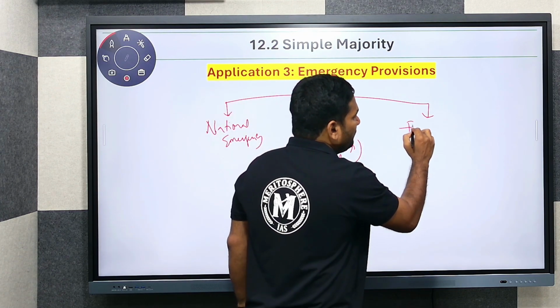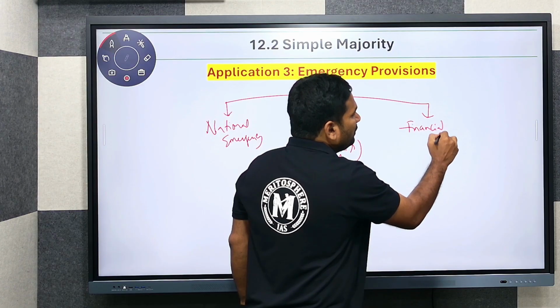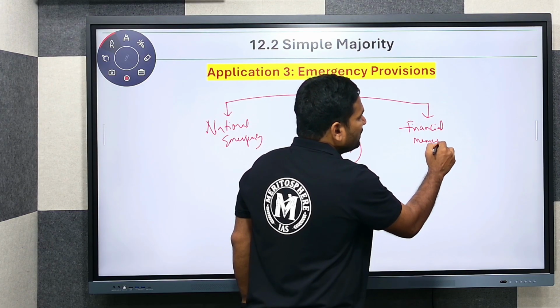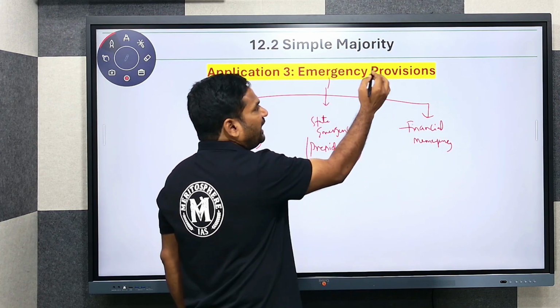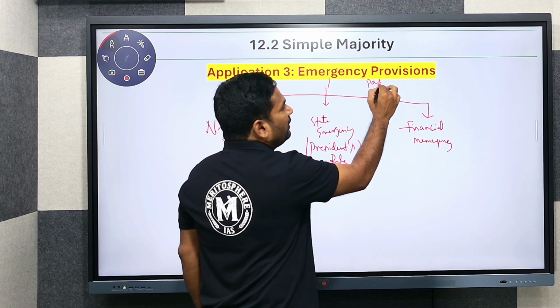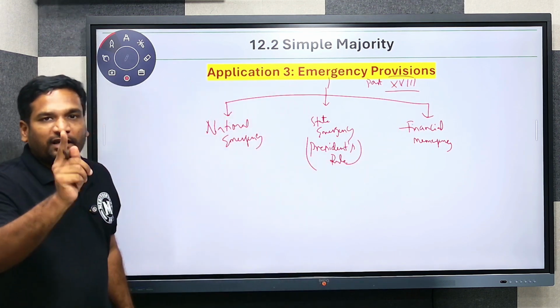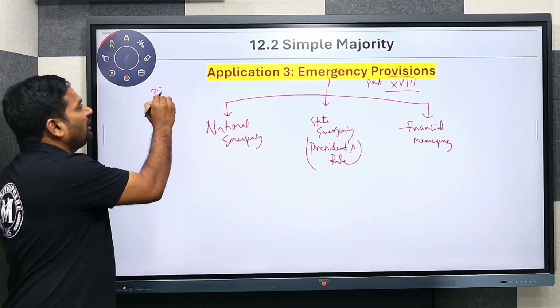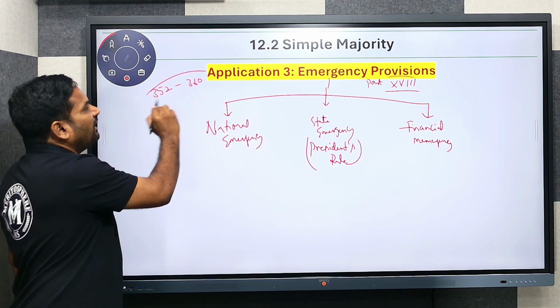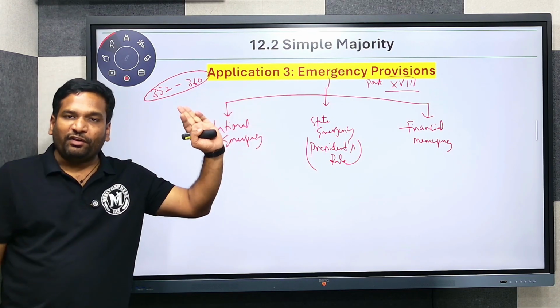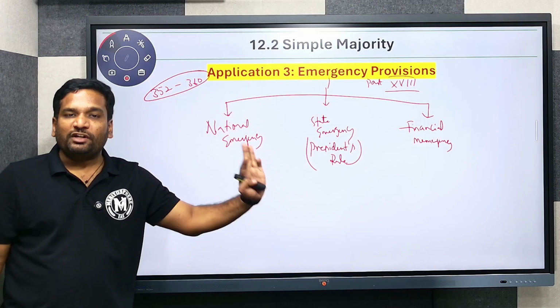Third is financial emergency. The emergency provisions are enlisted in Part 18 of the Indian Constitution, from Article 352 to 360.